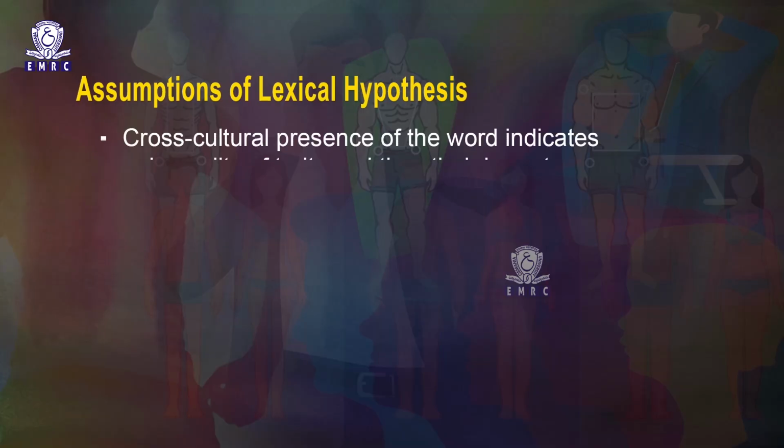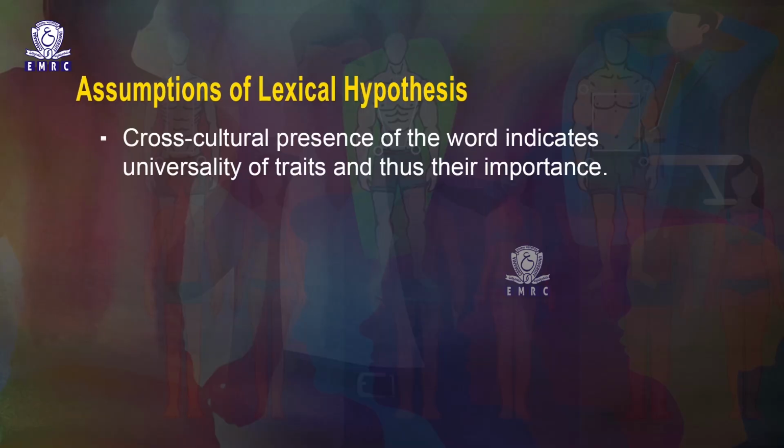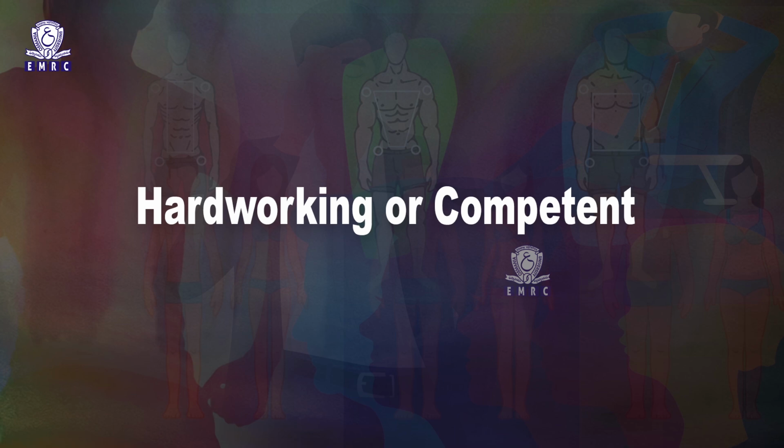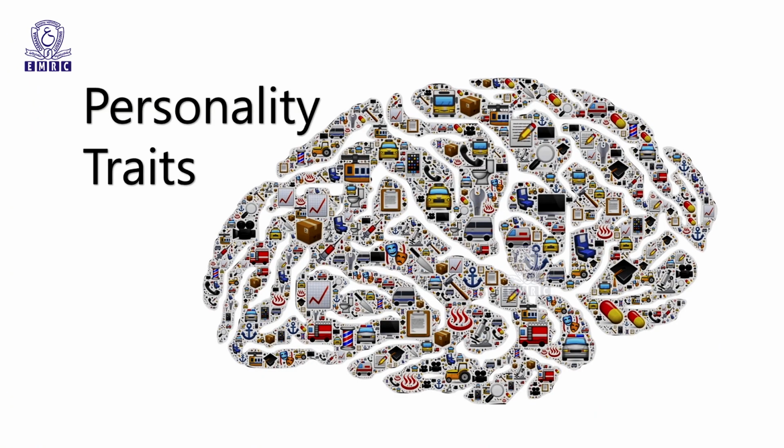Third, the cross-cultural presence of a word indicates the universality of the trait and thus its importance. For example, words such as hardworking or competent are present across cultures and indicate how important they are for the success of an individual. Thus, by using language as a resource and as a sample, a full spectrum and taxonomy of personality traits can be assembled.